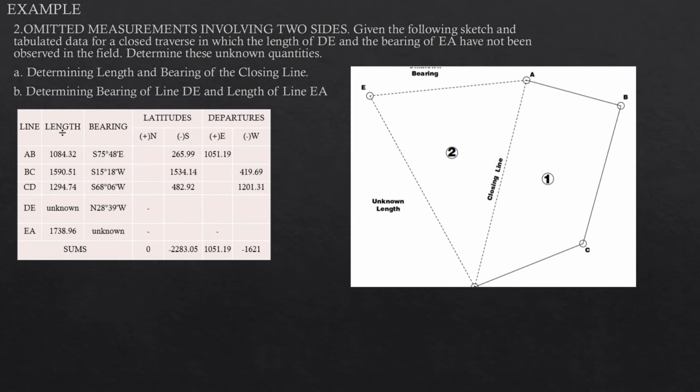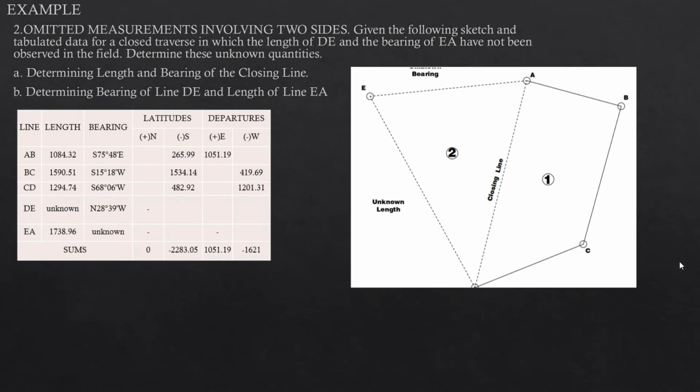Okay. So, example number 2, sa ano naman tayo? Measurements involving two sides pero missing data involving two sides pero adjacent. Okay, so given the following sketch and tabulated data for a closed traverse in which the length of DE and the bearing of EA have not been observed in the field.